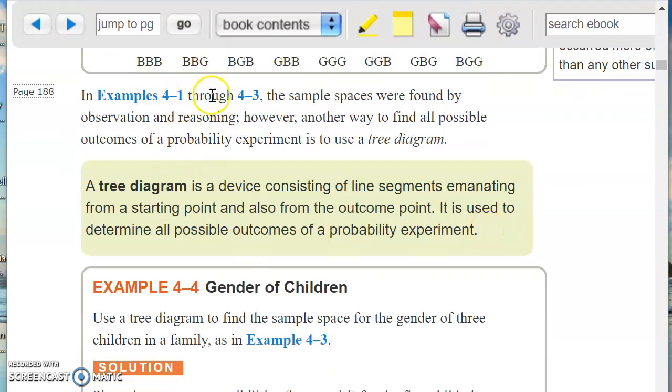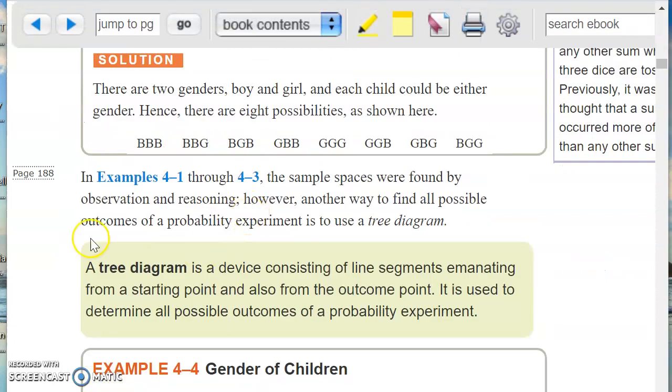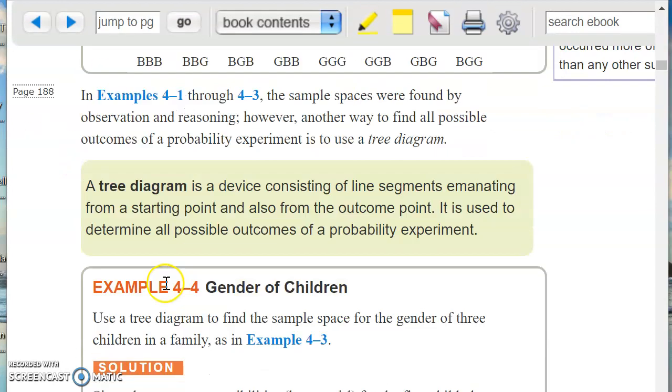Okay, so in these examples that we've just done, they're very simple examples, so we can find these very readily just by observation and by reasoning, by thinking about it. Another way to find it, though, for more complicated situations, is to use what's called a tree diagram. And here's the definition.